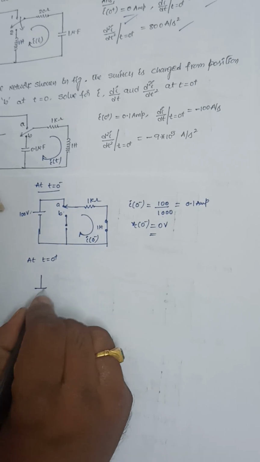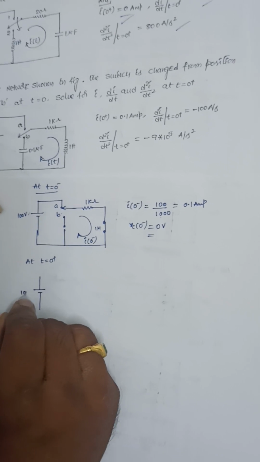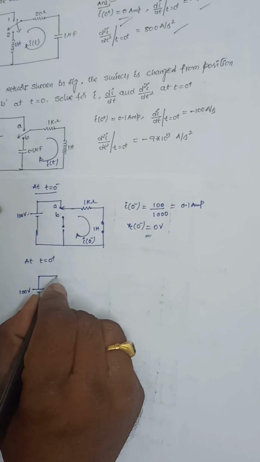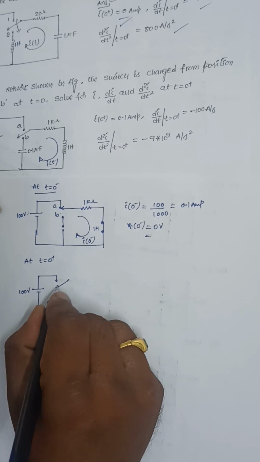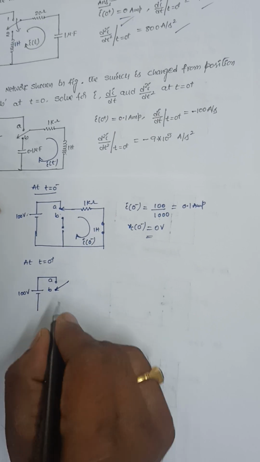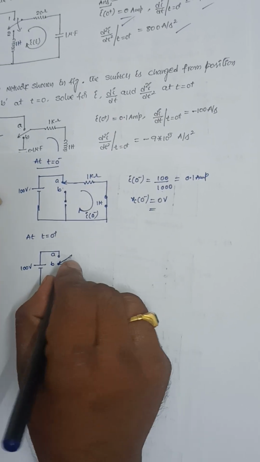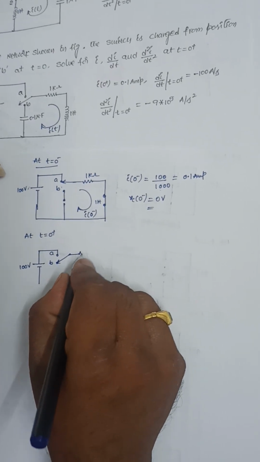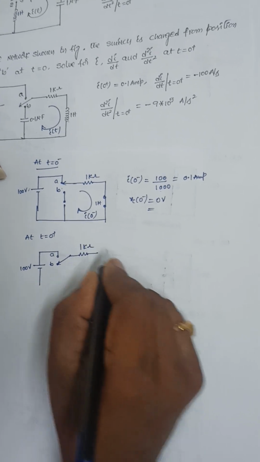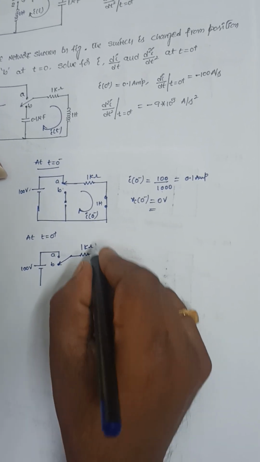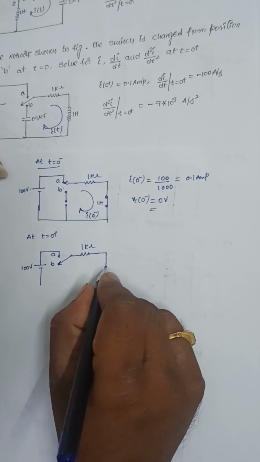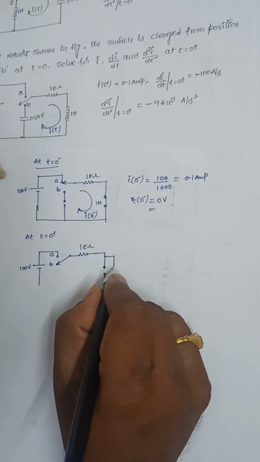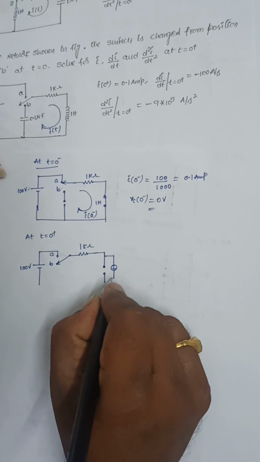Now at t equal to 0 plus, this is 100 volts, and now the switch is at position B. It is position B and position A, and it is 1 kilo ohm. Now I can replace this inductance with its equivalent circuit at t equal to 0 plus.